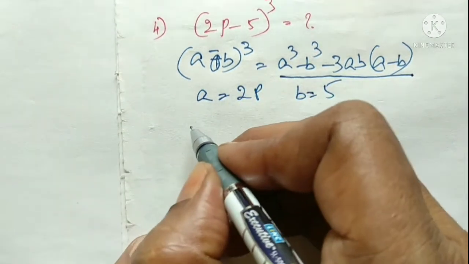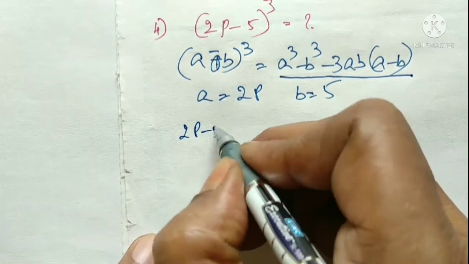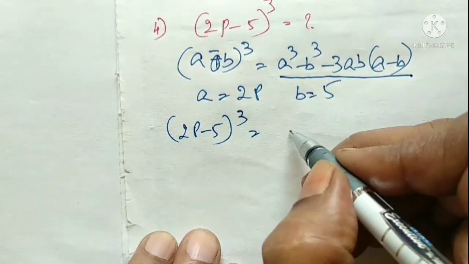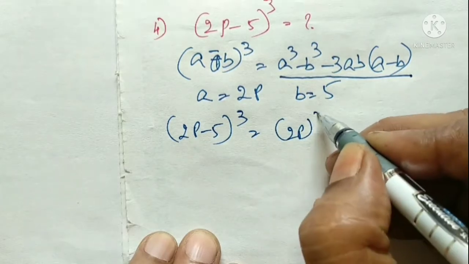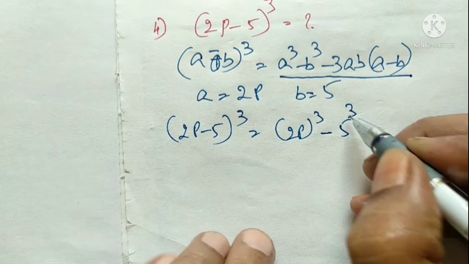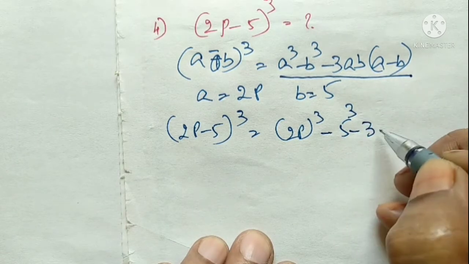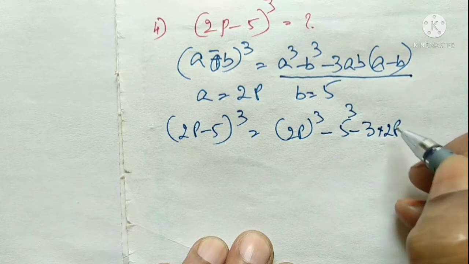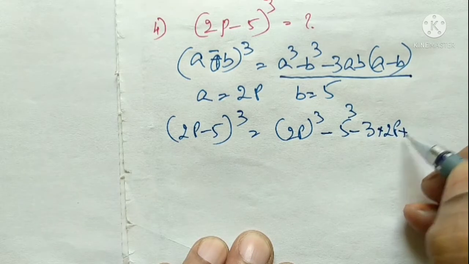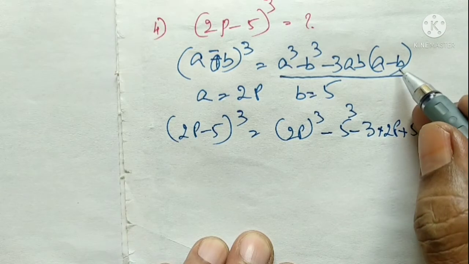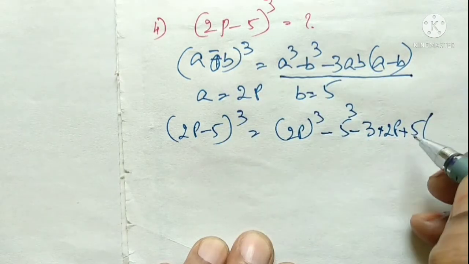So (2p - 5) whole cube is equal to a cube means (2p) cube minus b cube means 5 cube minus 3 into a means 2p, b means 5, and multiplied by (a - b). (a - b) means (2p - 5).